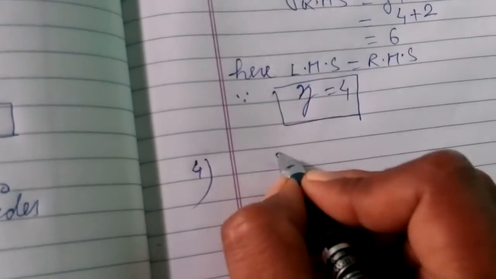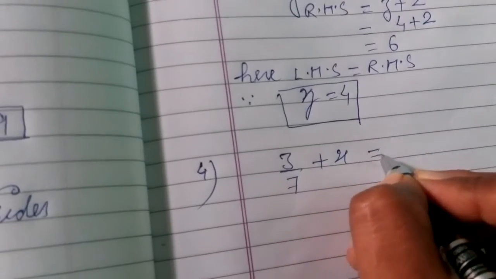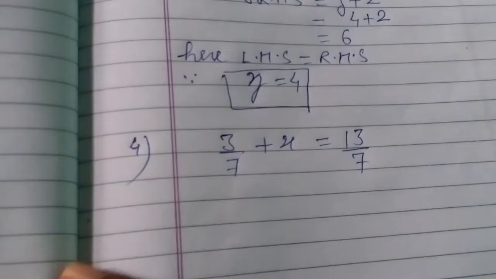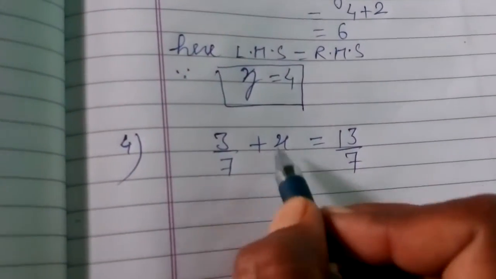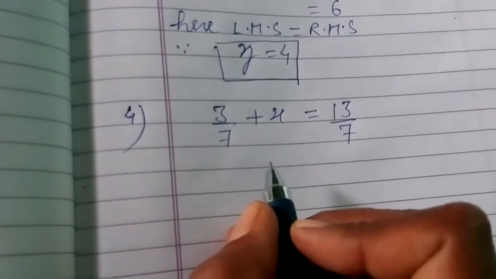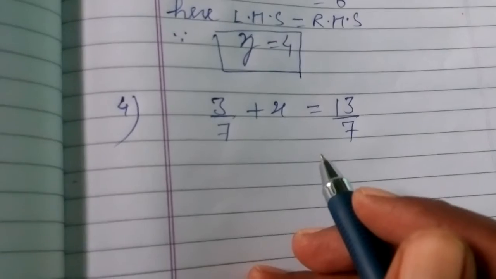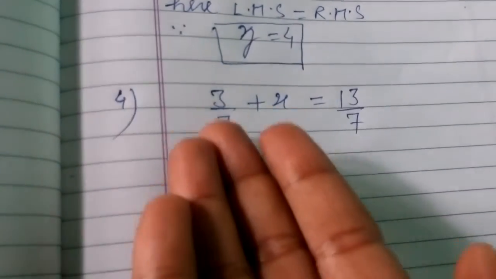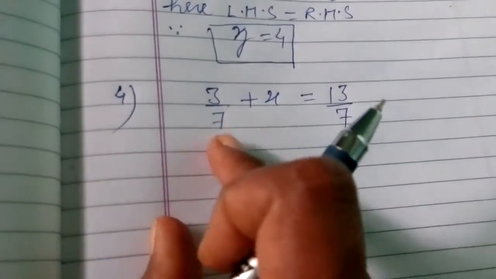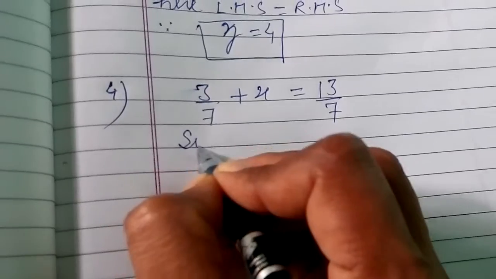The fourth question is 3 by 7 plus x is equal to 13 by 7. Again, what is the first step? We have to make this x single because we have to find out the value of x. How can I remove this 3 by 7 from here? Simply by subtracting the same term.